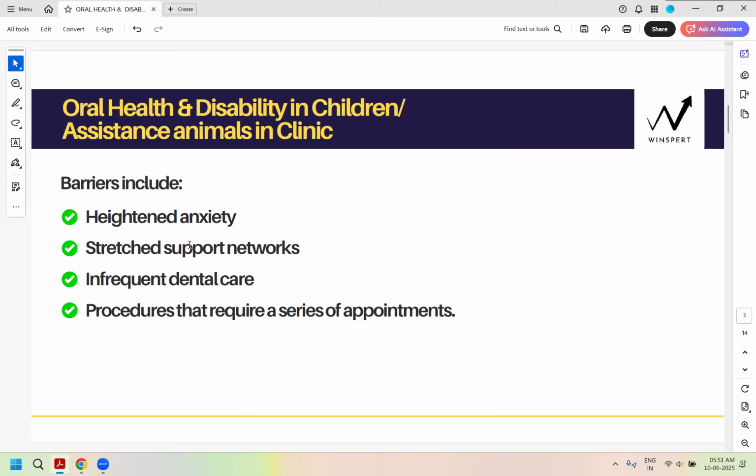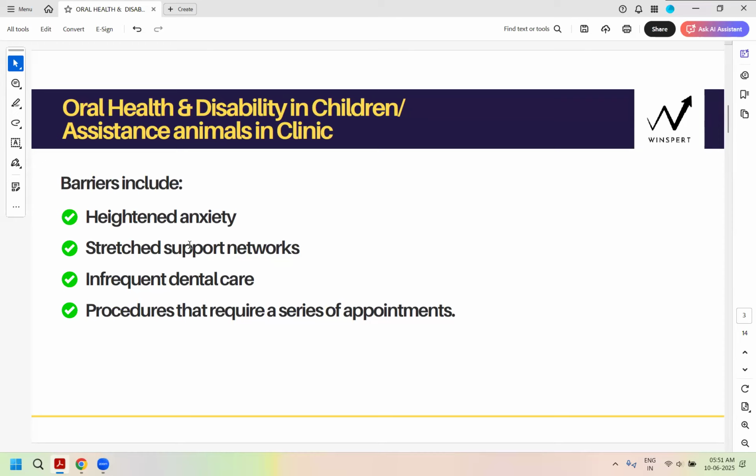There will be multiple support networks involved. There would not be just you as a primary healthcare giver. There will be GPs, and other therapeutic healthcare workers involved in the patient's overall management. So you might have to connect with the multidisciplinary team sometimes to handle the patients, right?